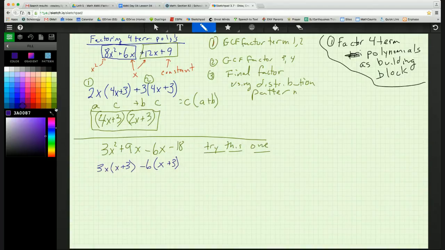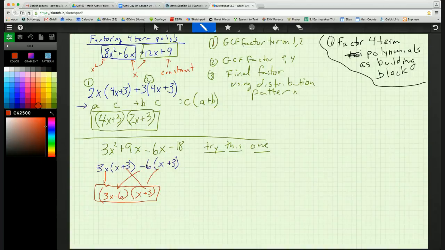So now when we factor, I told you, you can think of it this way, AC plus BC equals C times A plus B. That's absolutely accurate, but another way you may do that, and some people like to think of it like this, is you just take your x plus 3 down, and then you take your 3x minus 6 down.